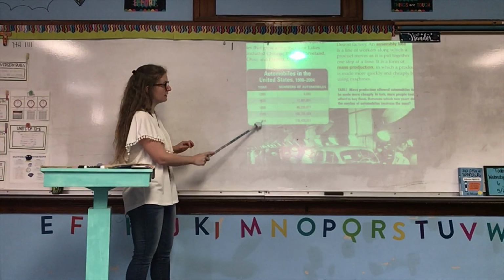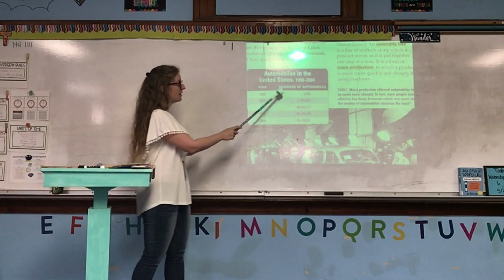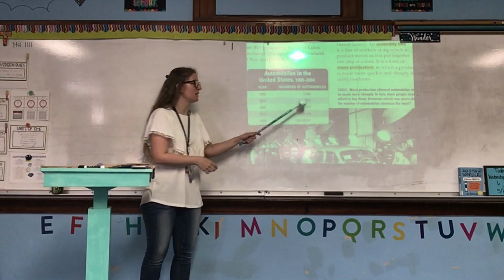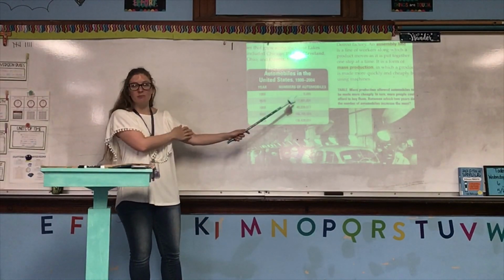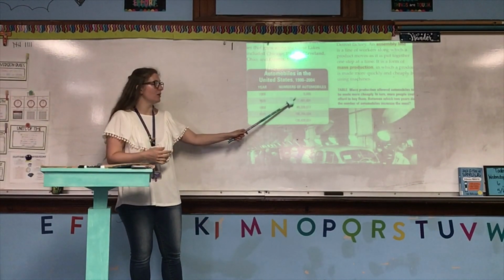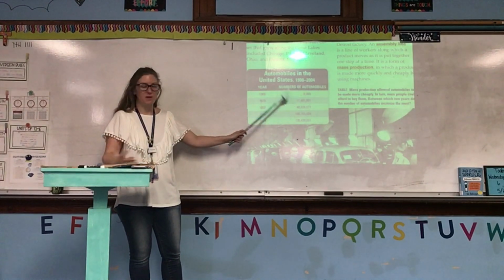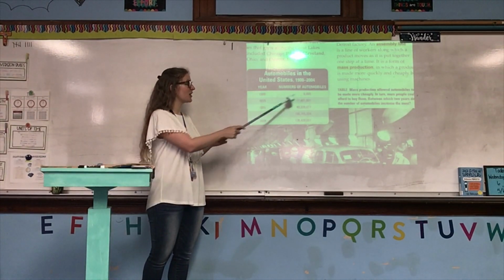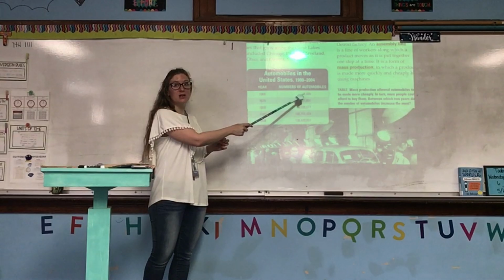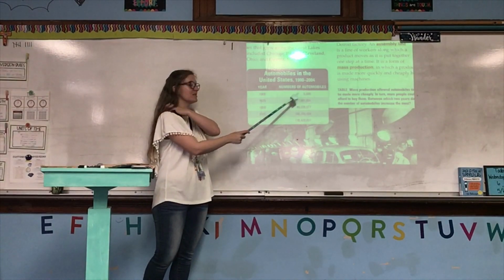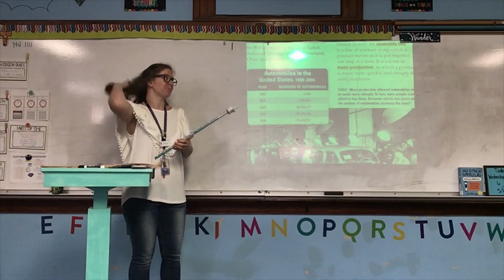On the left we have the year, and on the right we have the number of automobiles. This is not the number of automobiles that exist, but the number of automobiles that people own. So in the year 1900, people owned 8,000 automobiles, not 8,000 people.